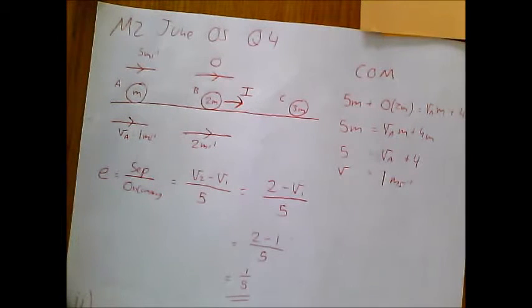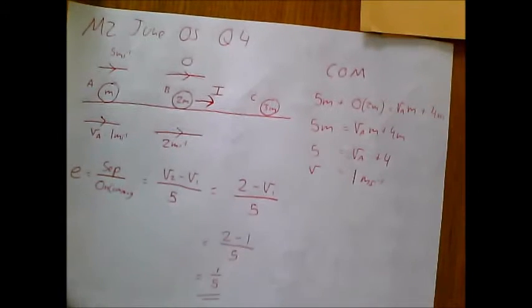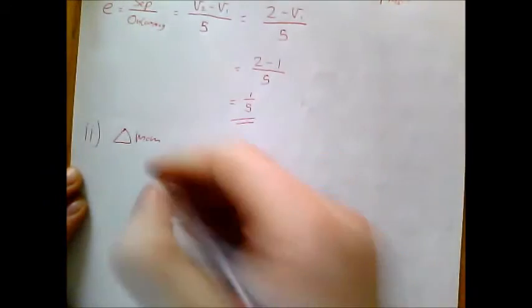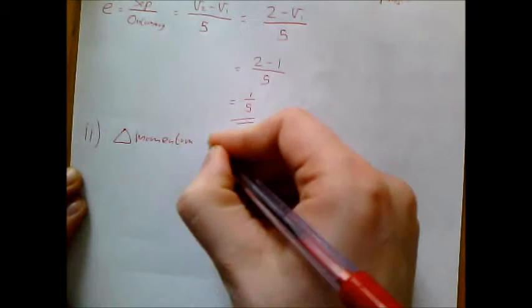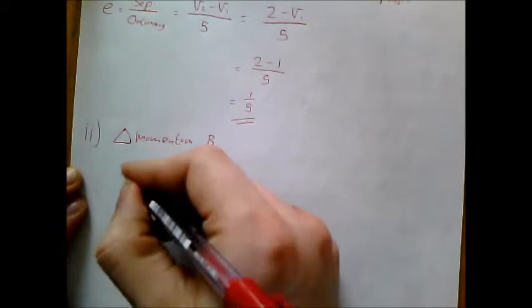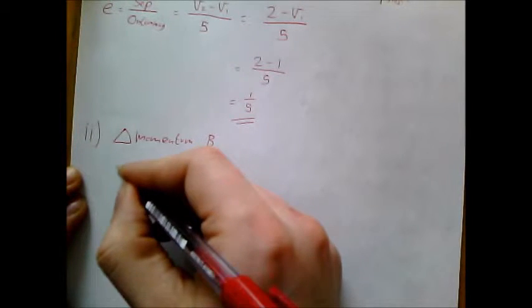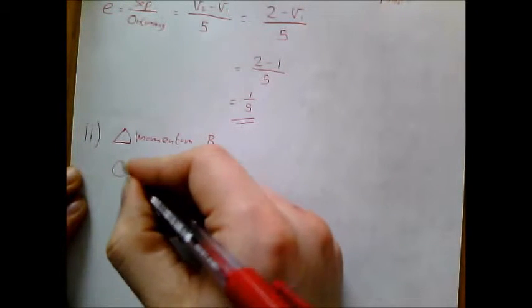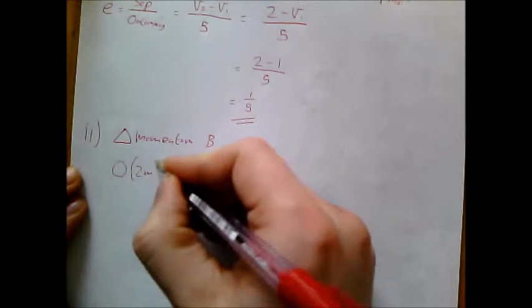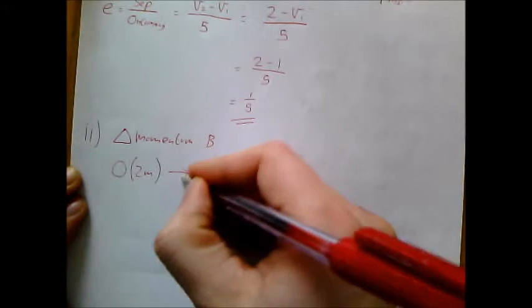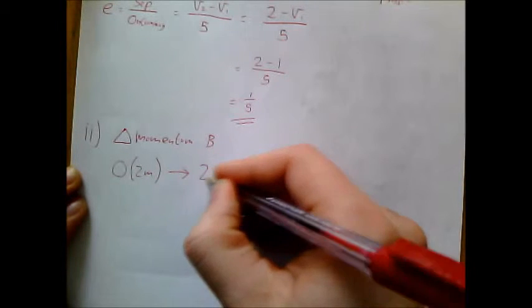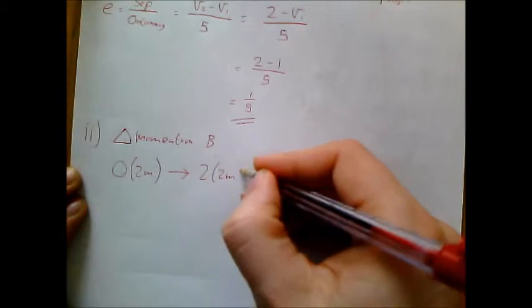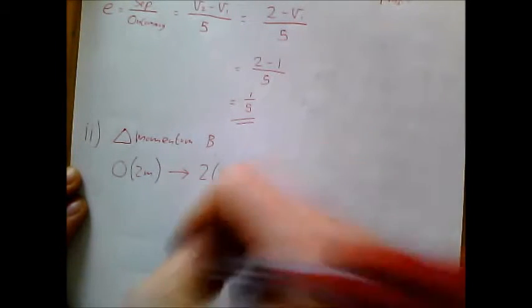So the change of momentum of B has gone from 0 lots of 2m to 2 lots of 2m.